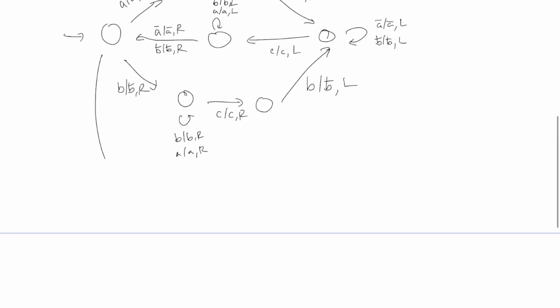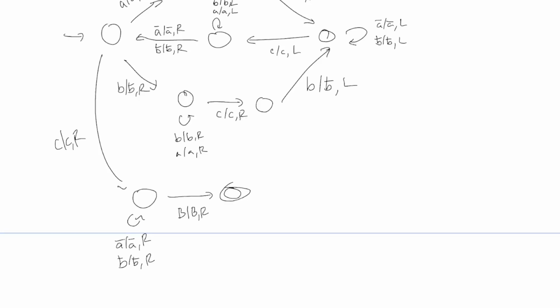And so from here, we should say C/C,R, and then I'm going to go through the whole string and make sure that everything to the right of the C has been marked. So I put A-bar,R, B-bar,R, and then finally blank,R, like that. That's what they said, and I agree.